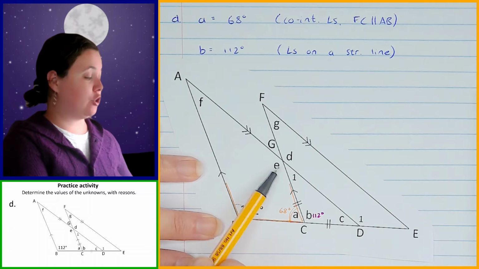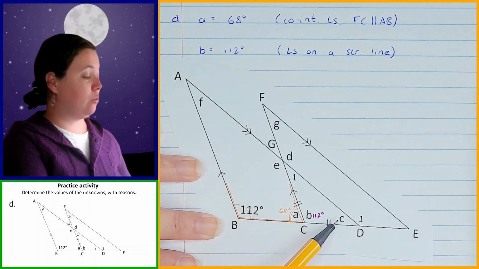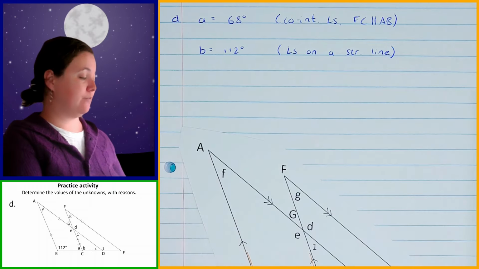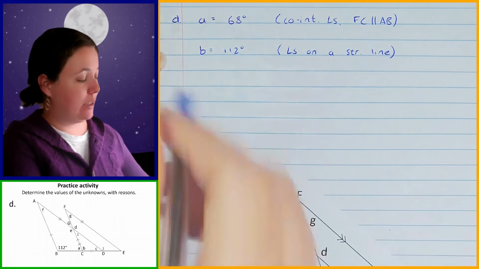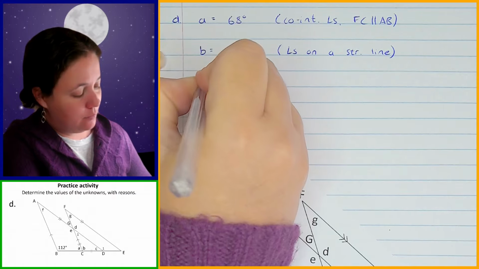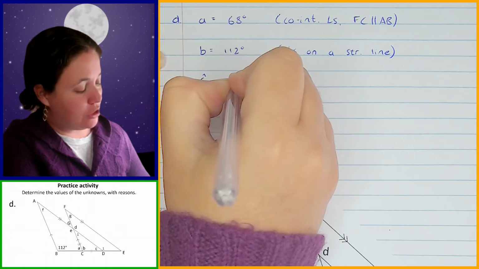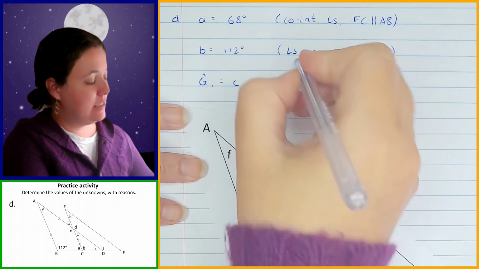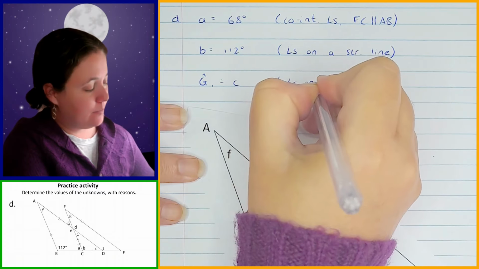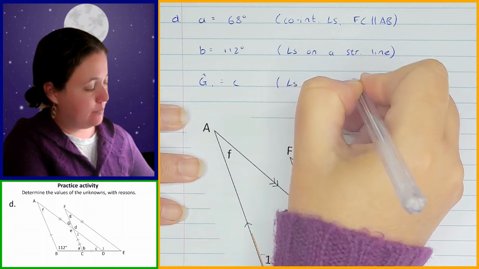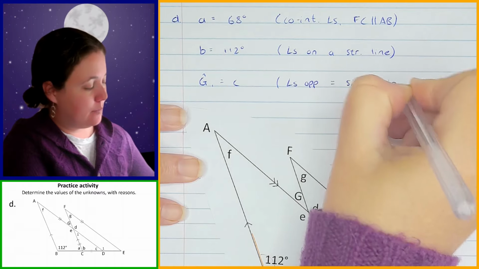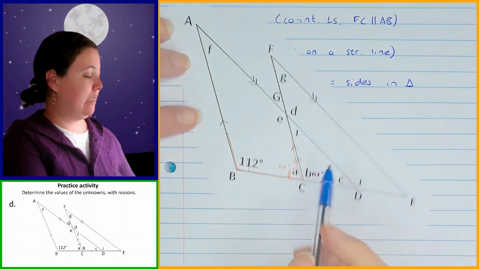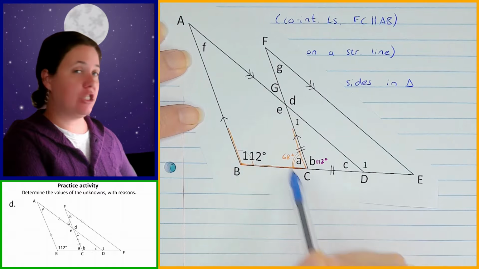So that means that angle G1 will also be equal to C because they are both opposite the equal sides. So I can say angle G1 is equal to C because of angles opposite equal sides in triangle CDG.